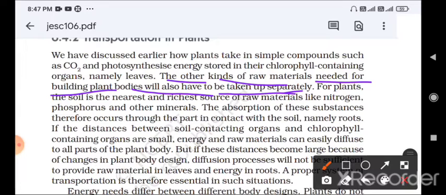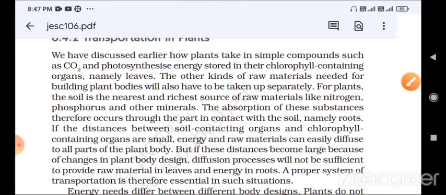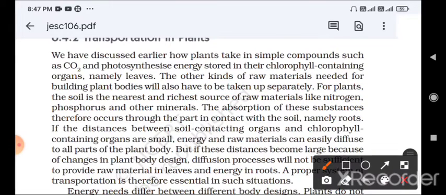For plants, the soil is the nearest and richest source of raw materials like nitrogen and phosphorus and other minerals. They are taken only from the soil, because the soil is the nearest source for these minerals.